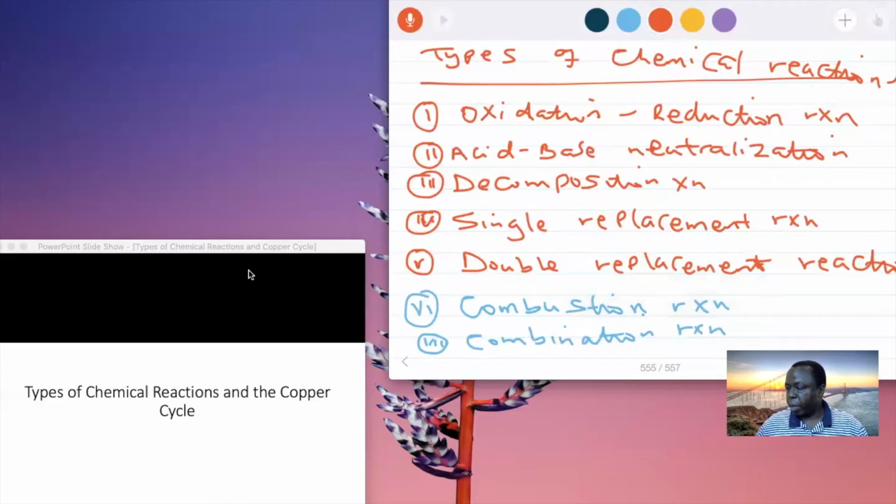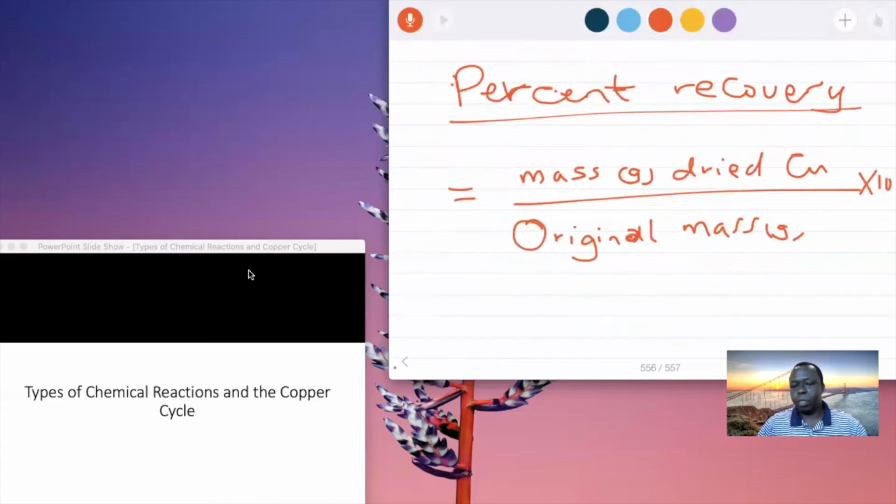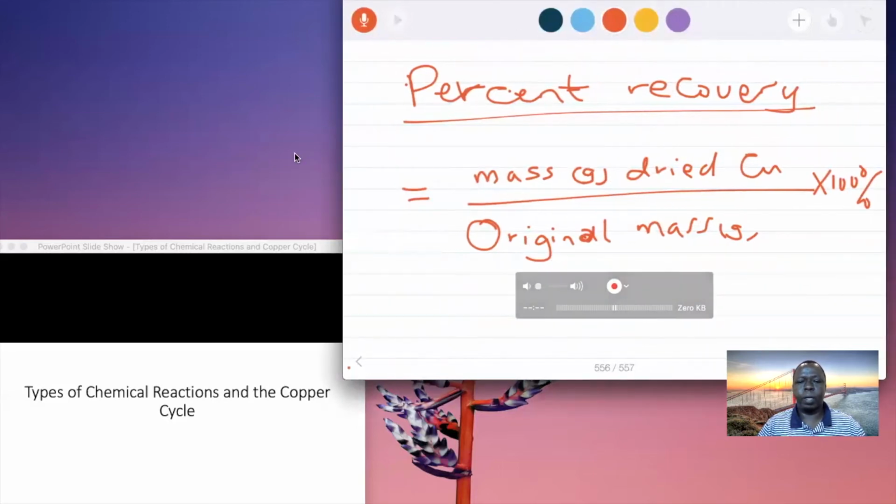Now, at the end of the exercise, you will calculate the percent recovery by taking the mass of the dried copper over the original mass of copper in this experiment, times 100, to get the percent recovery of copper. I want to say that there are about 5 equations you need to pay attention to in the lab manual.